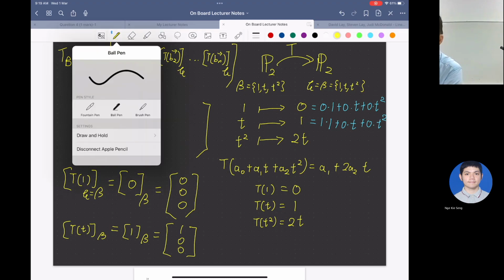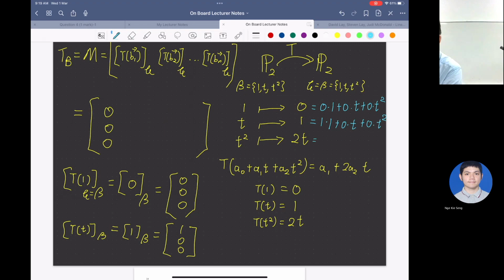How about 2t? 2t is 0 times 1 plus 2 times t plus 0 times t squared, so you get 0, 2, 0.